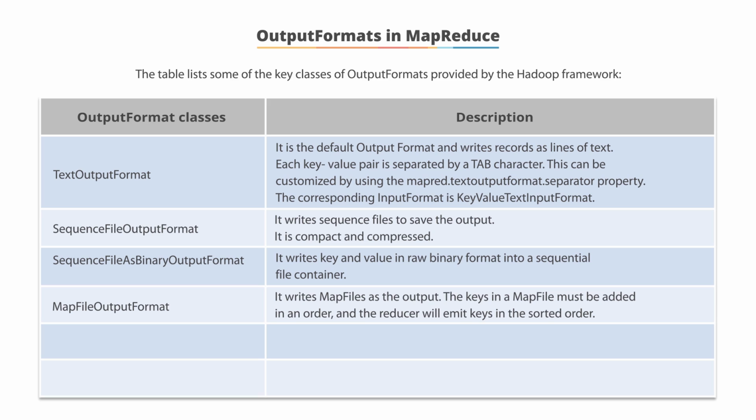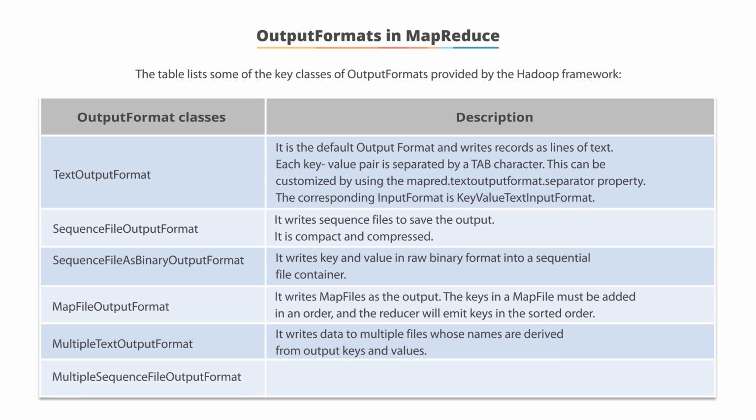The keys in a map file are added in a specific order. The reducer then emits keys in that sorted order. MultipleTextOutputFormat writes data to multiple files whose names are derived from the output keys and values. MultipleSequenceFileOutputFormat creates output in multiple files in a compressed form.